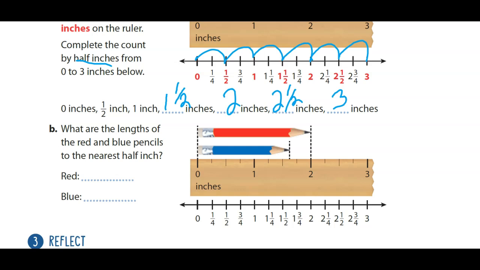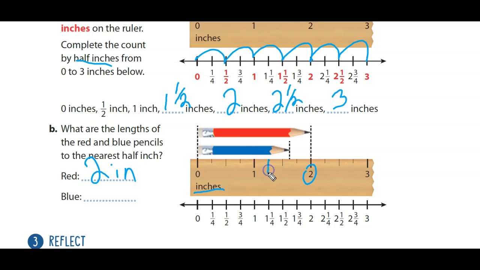Then it says, what are the lengths of the red and blue pencils to the nearest half inch? So the red one, how long is the red one? 2 inches. So 2, and then put IN. That's the abbreviation for inches. How long is the blue one? They're actually going by quarters.